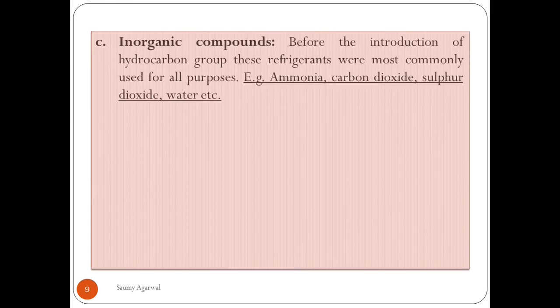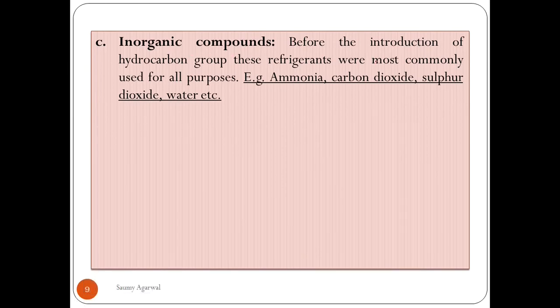Okay, so we have another classification in this series, which is inorganic compounds. So examples of inorganic compounds are ammonia, carbon dioxide, sulfur dioxide, and water. So inorganic compound means it does not have carbon-hydrogen bonds. The elements or compounds which have carbon-hydrogen bonds are known as organic compounds.